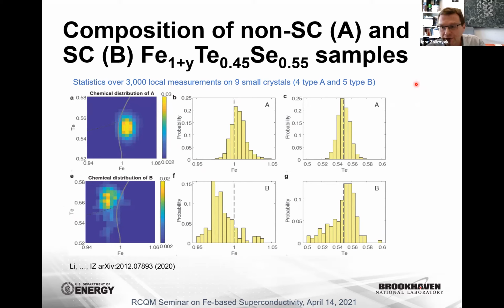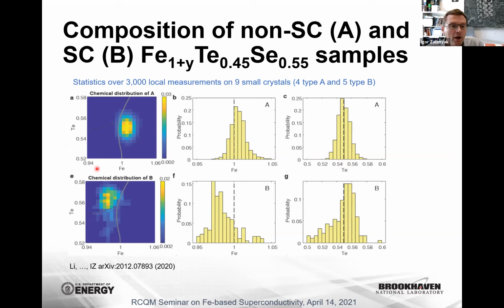And what we see is that indeed the main difference between sample A, which is non-superconducting, and sample B, which is superconducting, is that sample B has slightly deficient average iron content, while sample A is nearly stoichiometric, but probably maybe 0.5% more iron than stoichiometrically allowed. And then the iron and tellurium compositions are very similar, near the nominal 0.55, 0.45 proportion.